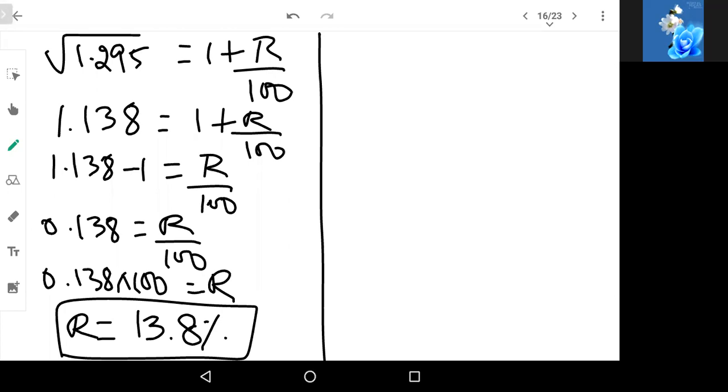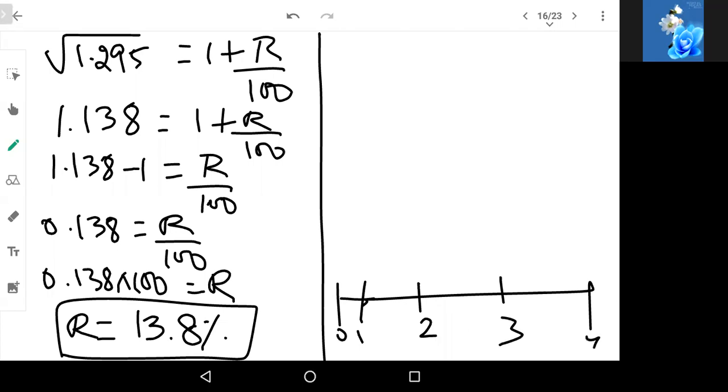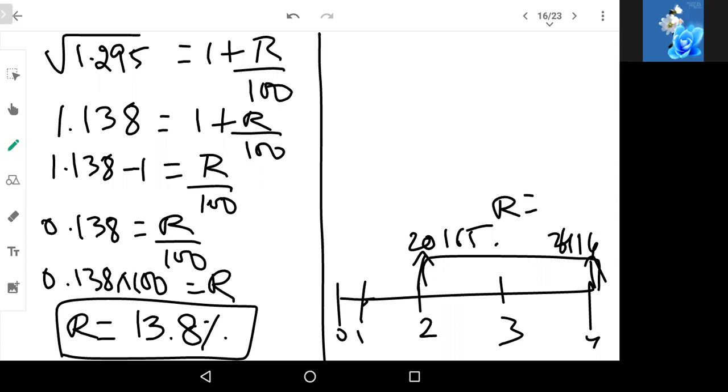Okay, so what we did is, first we have found out using the data here, 20,165 and 26,114. Using the 2 years data, we have found out R to be 13.8.